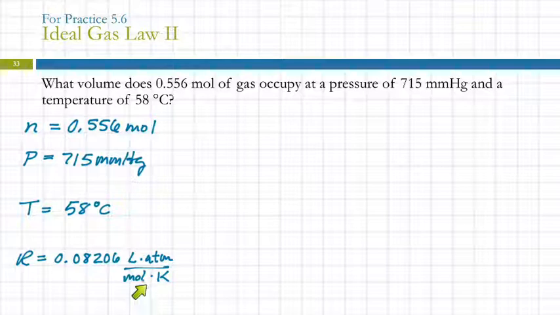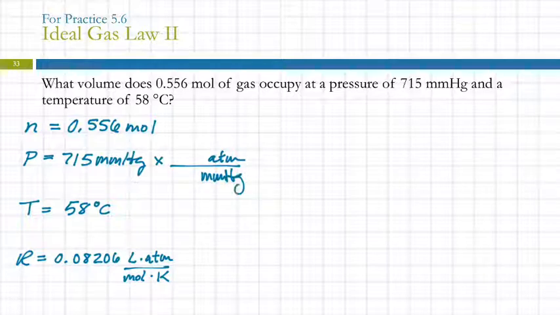No, because that unit won't cancel with atmospheres, so it's not going to work. We need to convert to atmospheres. So multiply by atmospheres, divide by millimeters of mercury. 1 atmosphere, 760 millimeters of mercury. That is an exact relationship, so it won't limit our sig figs.